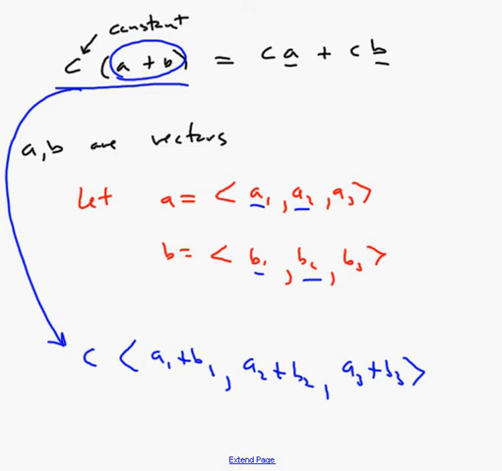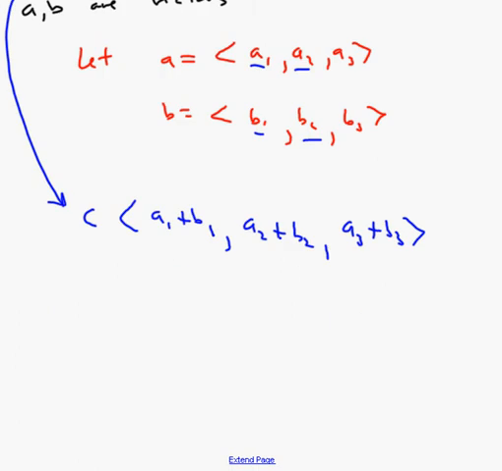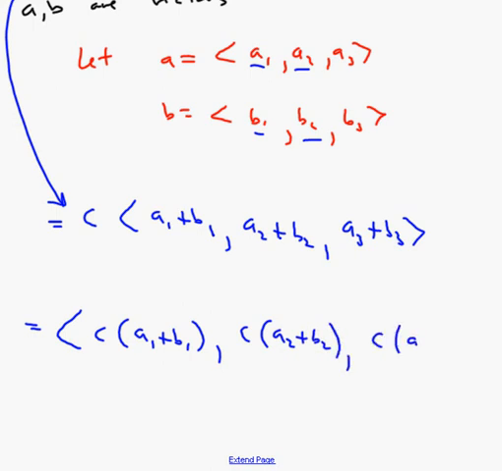What does it mean to multiply by a constant? It means we multiply every component by that constant. So if we do that, we get the following. We get c times this component, comma, c times that component, and c times that component. Okay. Now, I'm actually very happy right now because when I look at this, what I notice is inside of each component is just something I know how to handle, right?